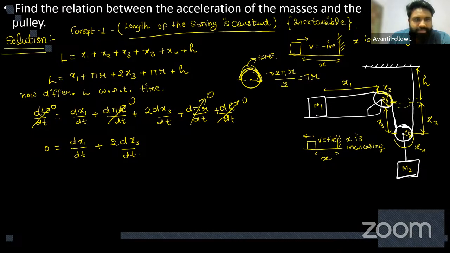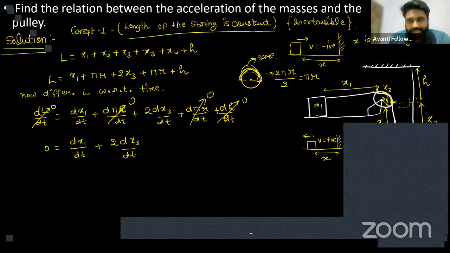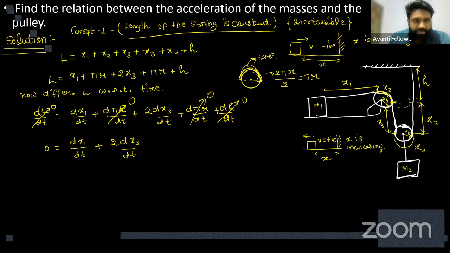Okay. So this dx1 by dt is nothing but the velocity of this m1, because according to this concept, x is reducing, so we would take it as negative. Got it? So if I consider the velocity of block m1 as v1, and if I consider the velocity of this x3, x3 is the velocity of the pulley, you will say. Okay. So what is the velocity of the pulley?